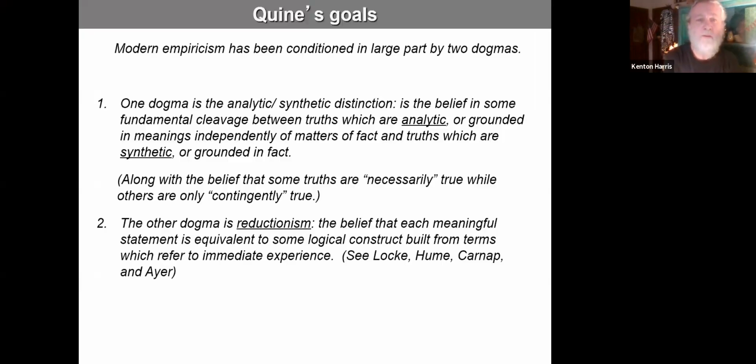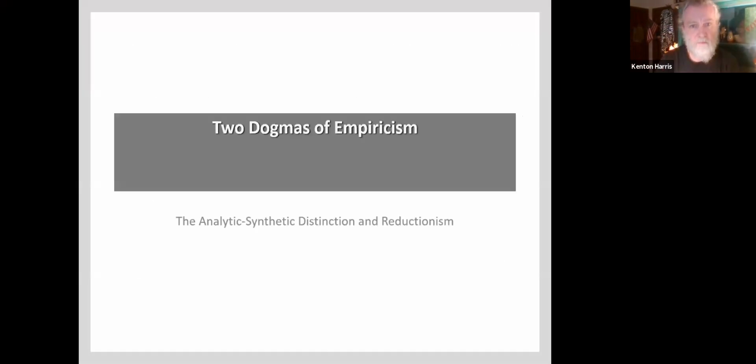These are two items that empiricists have held to since the days of Locke and Hume as sort of unquestioned truths. And he finds them to be not only questionable, but indeed false. And, spoiler alert, the two dogmas he attacks are the analytic-synthetic distinction and empirical reductionism.